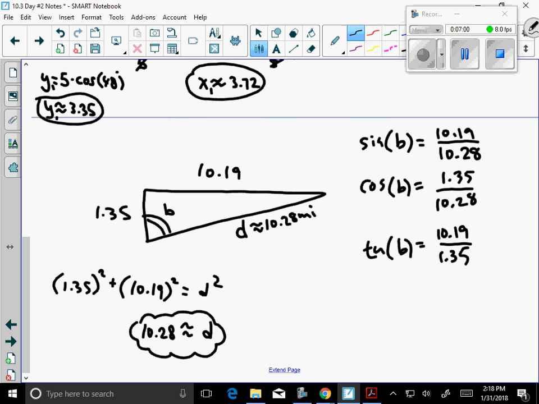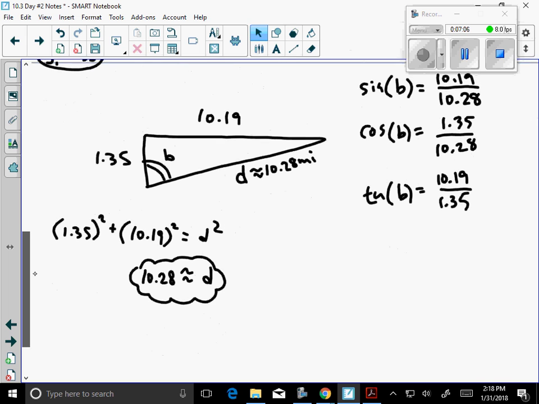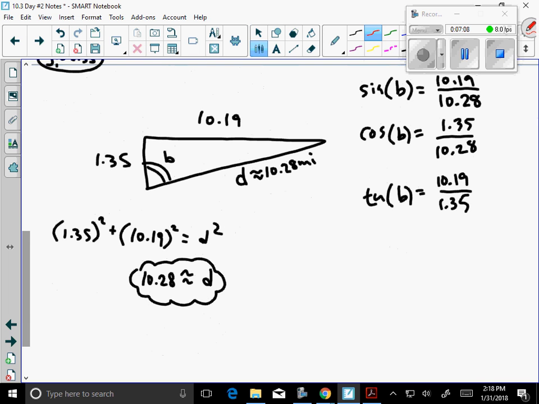So if that's true, then what that means is that I can use any one of the three inverse trig functions. I can take the inverse sine of that and get B. Or I can take the inverse cosine of that and get the same angle. Or the inverse tangent of that and get the exact same angle. Let's give it a try.